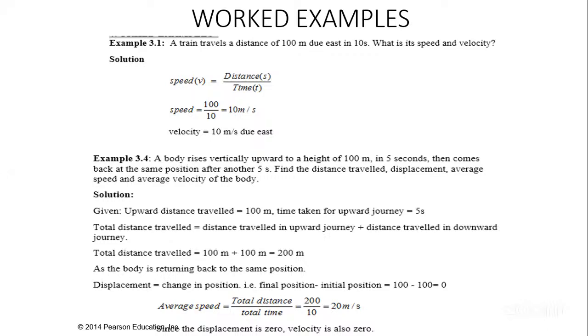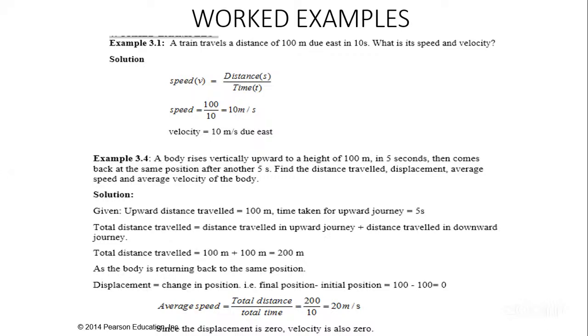That is the speed. For velocity, remember that speed is a scalar quantity. It's distance traveled with time, whereas velocity is a vector quantity, displacement with time. So the displacement in this question is 100 meters due east.